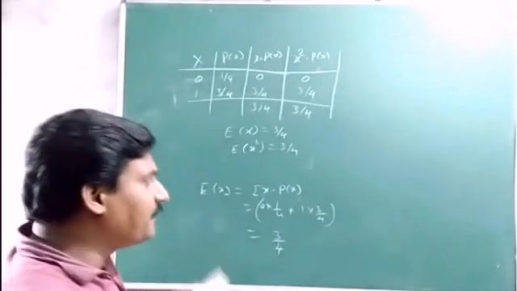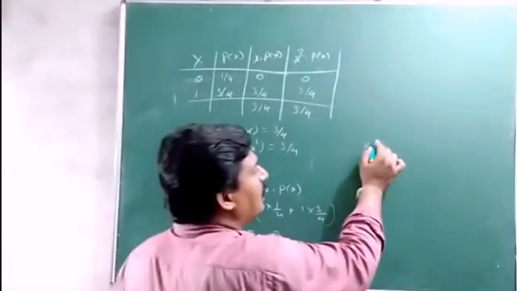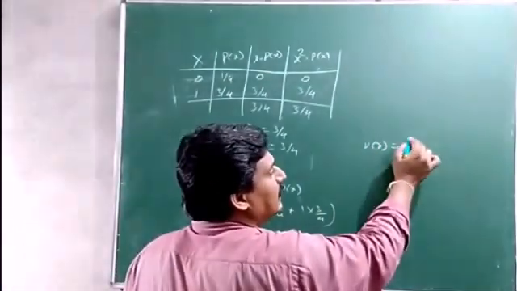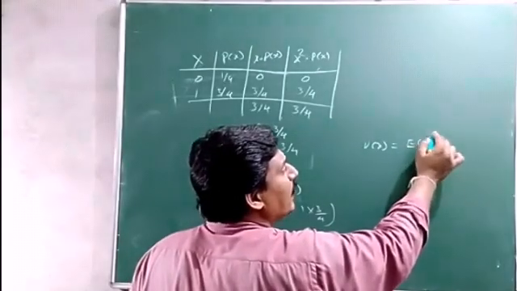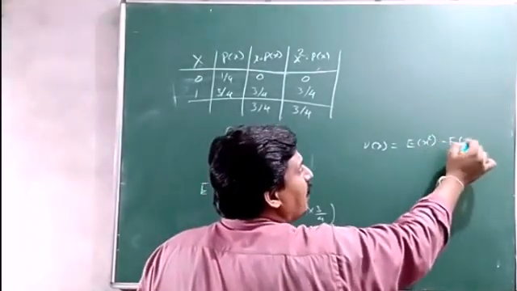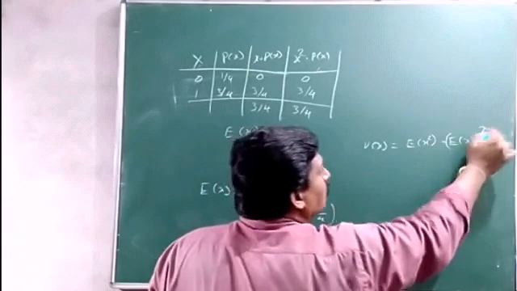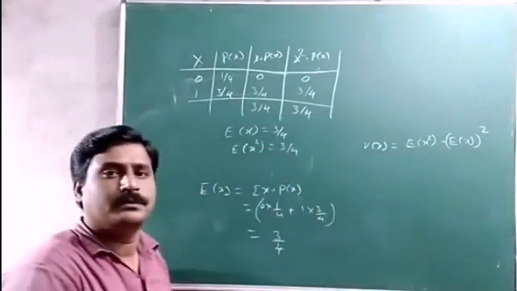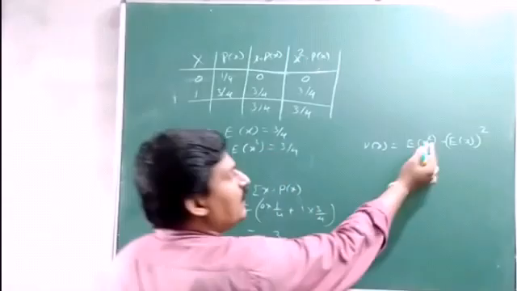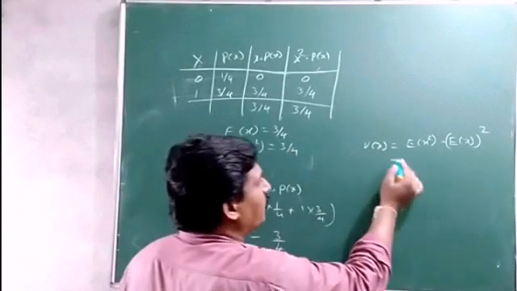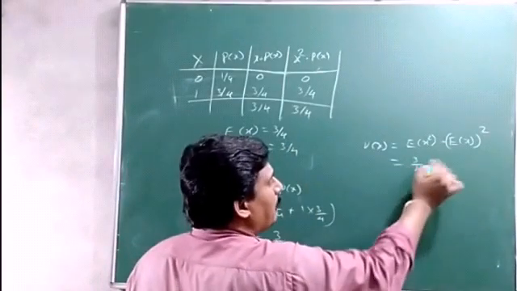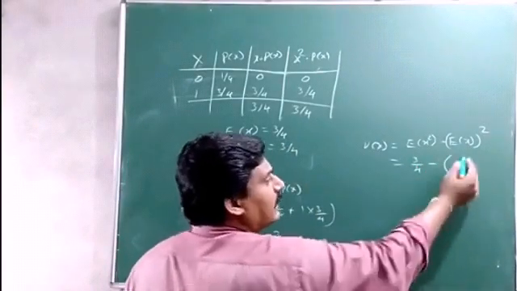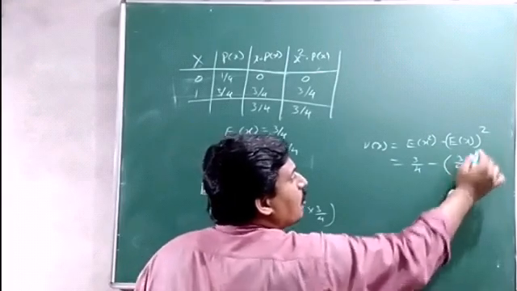Now what is the formula of variance of x? That is E(X square) minus E(X) whole square. So E(X square) is 3 by 4 minus E(X), that is 3 by 4, whole square.